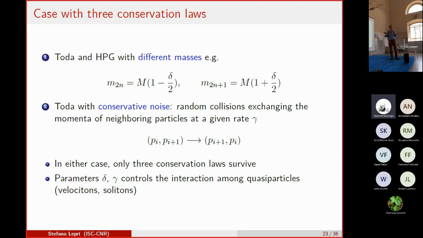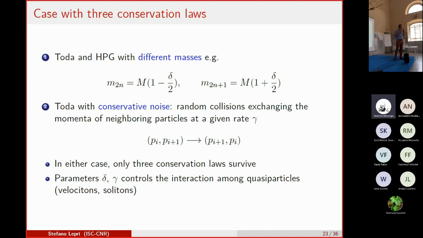This modulation makes the system chaotic and destroys all the integrability properties, but it keeps the three fundamental quantities: energy, momentum, and the volume stretch. Another possibility is to add some stochastic dynamics. So instead of adding a nonlinear term, this is a slightly different type of perturbation.